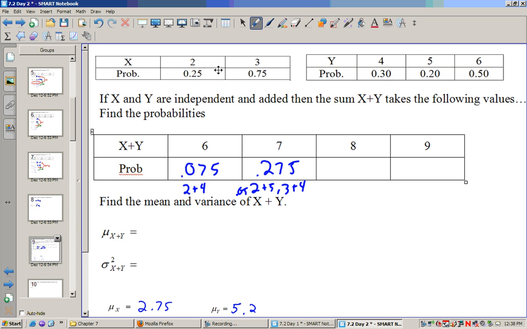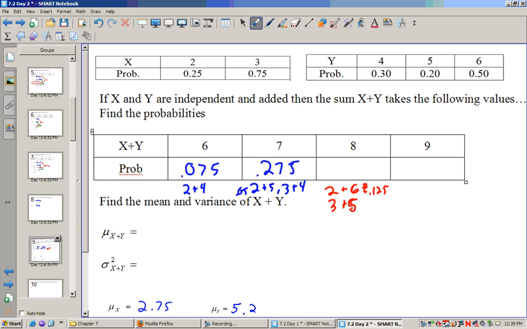To get an 8, we can get an 8 by adding 2 and 6, and we can also get an 8 by adding 3 and 5. Now, I shouldn't put an equal sign, but if I want to find each of these probabilities, 2 and 6, 3 and 5, I find my probability of 2 times my probability of 6, so 0.25 times 0.5, that's 0.125.